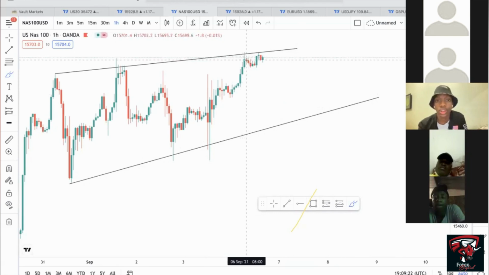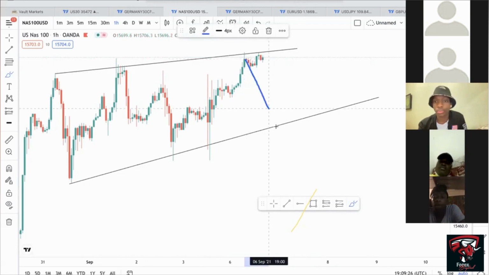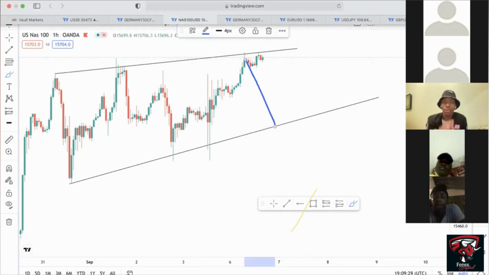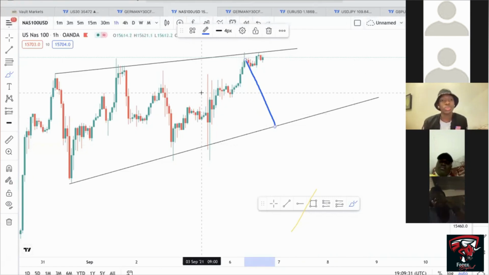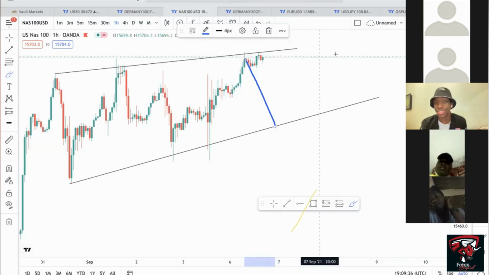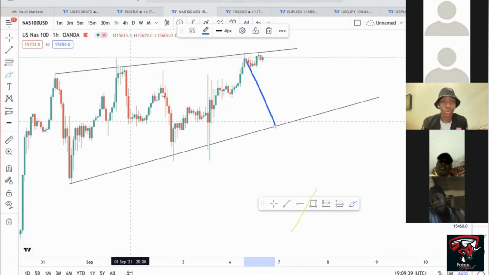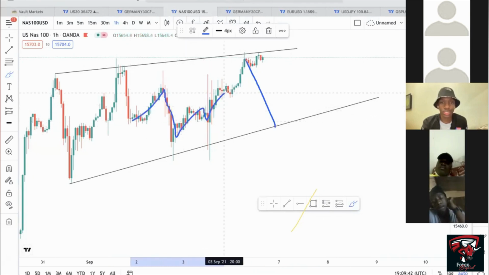I would have expected a strong bearish candle on the 1 hour. NAS used to move like 1,000 points in 10, 20 minutes, it was crazy. Nowadays, look at NAS, it's so weak.